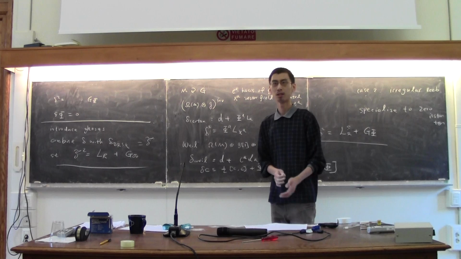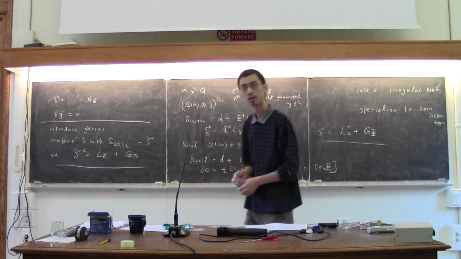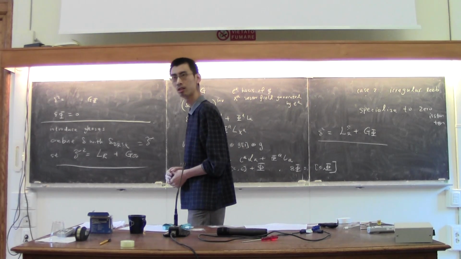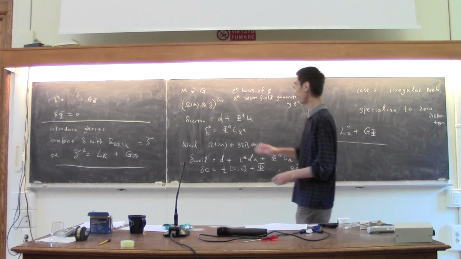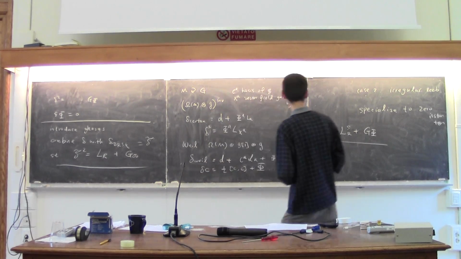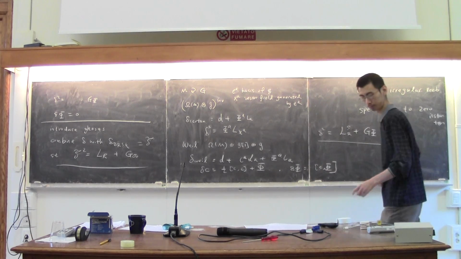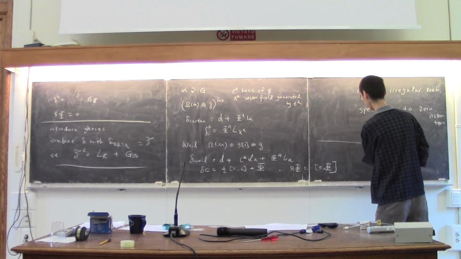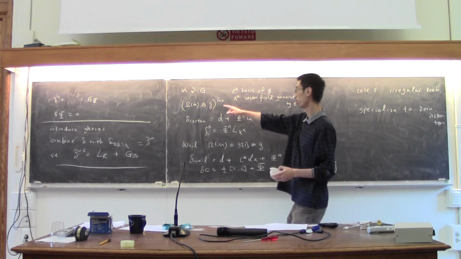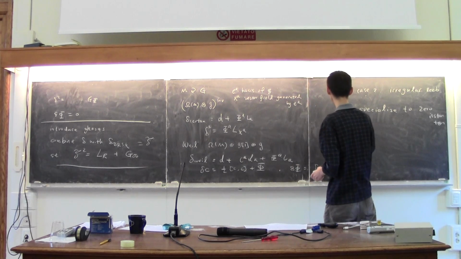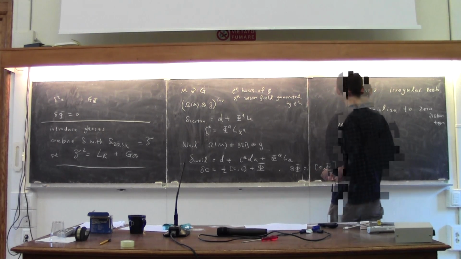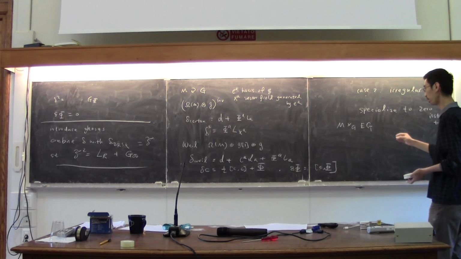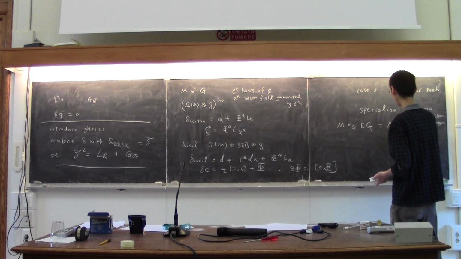Can you just remind us what these equivariant cohomologies are? Okay, so in a sense this is a model for the cohomology of this space, commonly known as MG.